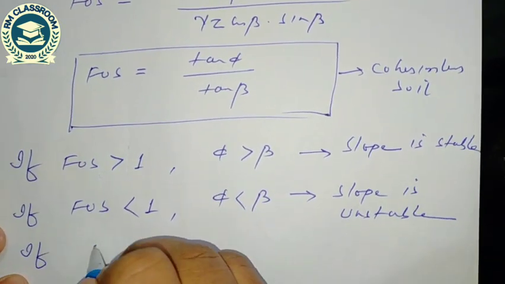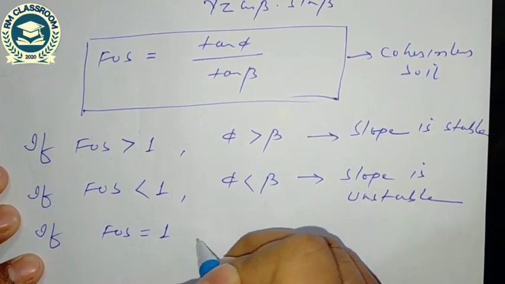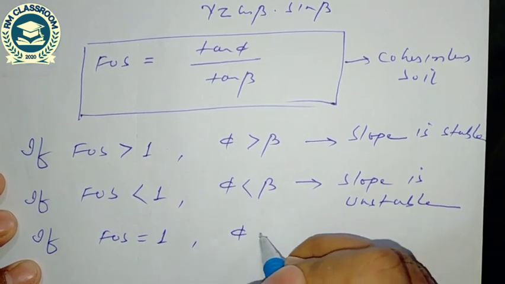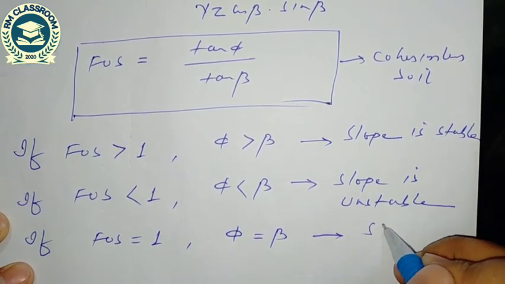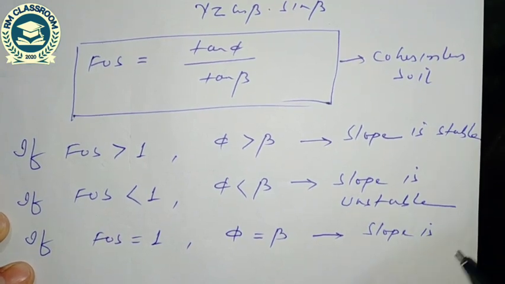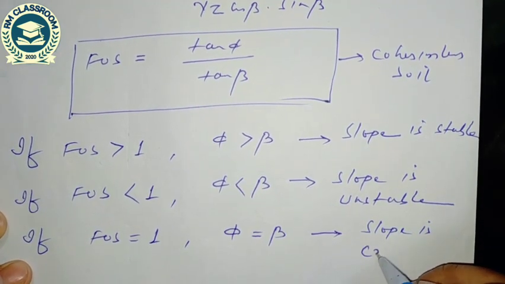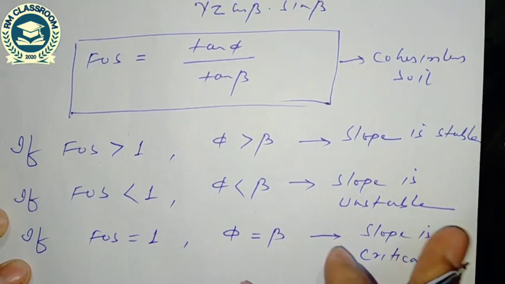And if factor of safety is equal to 1, means phi is exactly equal to the slope angle. So in such case our slope is in critical condition. So let us understand with the help of diagram, graph.